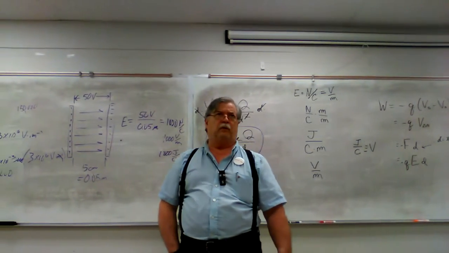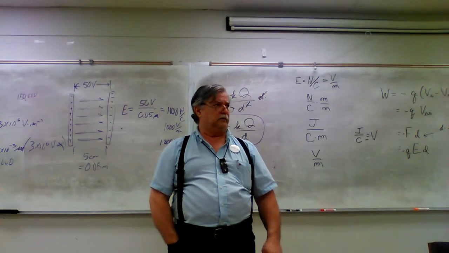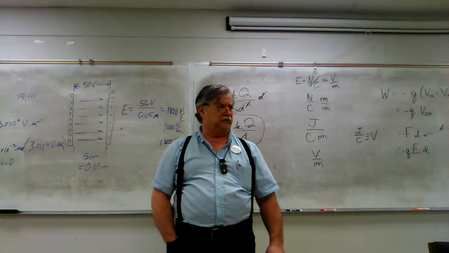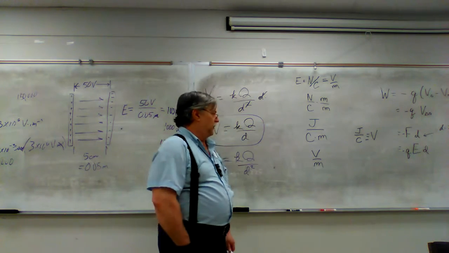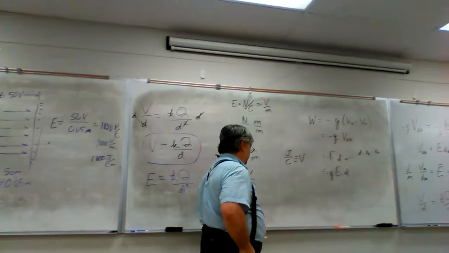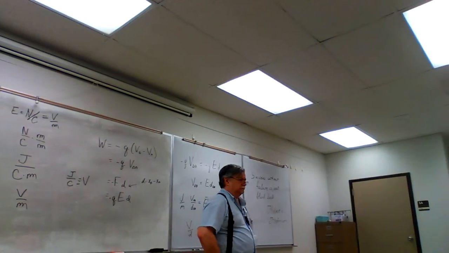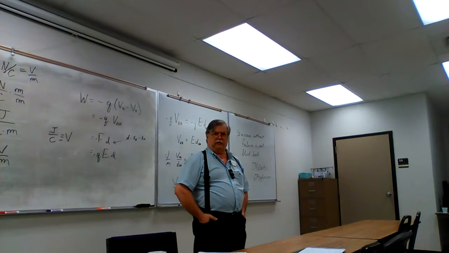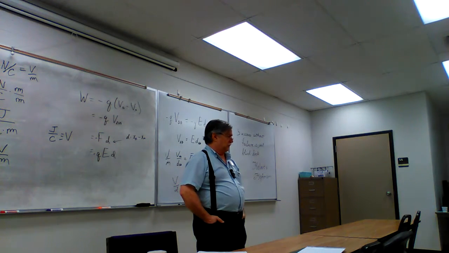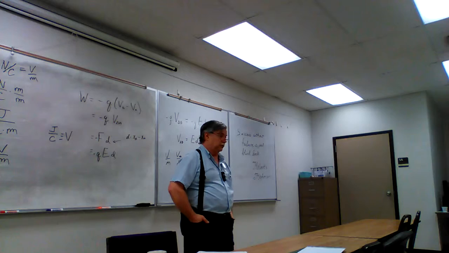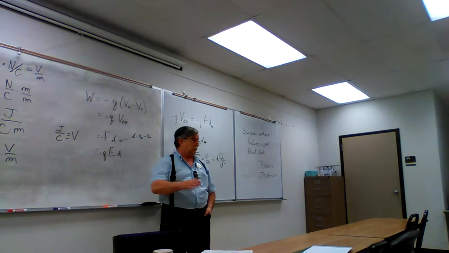There is one thing I want to make sure and mention to you, because it's kind of important for you to understand this. We talk about these equipotential lines or equipotential surfaces. And I don't know if you've ever thought about why they're really important. They're important for two reasons. One, because they establish the gradient.